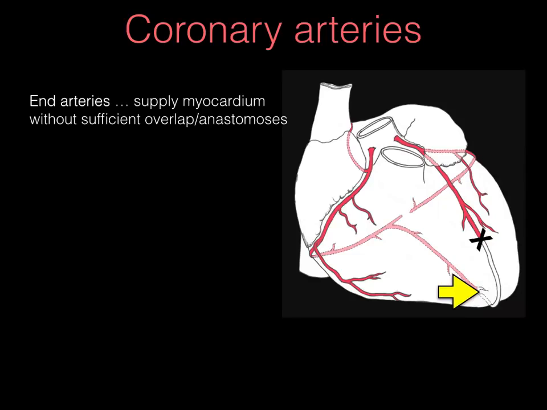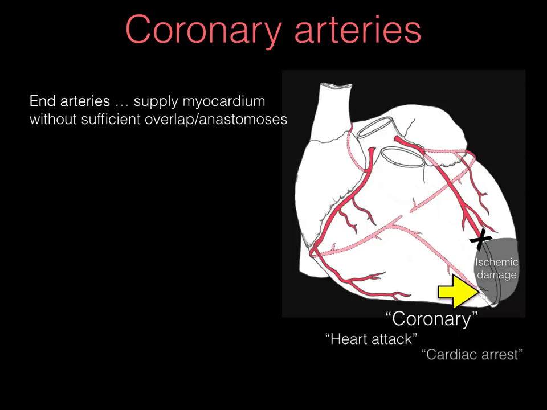When that blockage in the artery happens, that whole area downstream suffers from ischemic damage. And this is what is known as a coronary, or a heart attack, or cardiac arrest, or a myocardial infarction. All of those mean the same thing. The heart muscle has to have oxygen, and because each of its vessels are end arteries, if it gets blocked, the heart suffers, sometimes fatally.